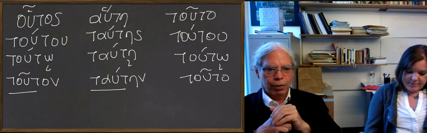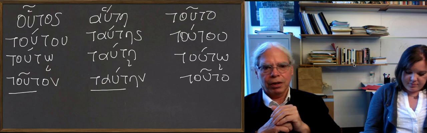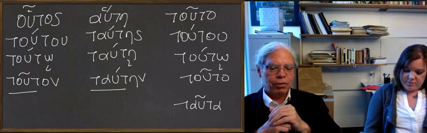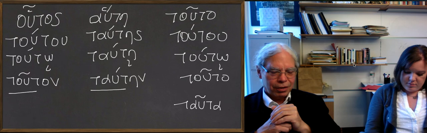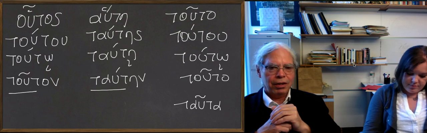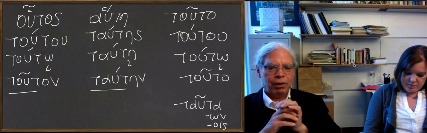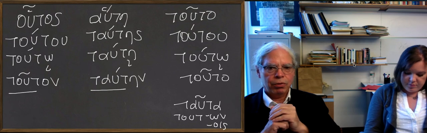The neuter plural, okay, let's just put in the neuter plural underneath the neuter singular, is tauta. Okay, and then it goes touton, toutois, and tauta. Okay, in other words, it reverts to the tout forms in the neuter. You have taut in the neuter nominative and accusative plural, but tout in the genitive and the dative plural.